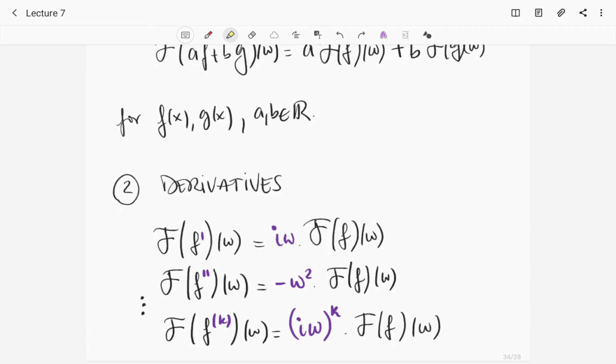These last two tools, together with the two main definitions, are the four main ingredients that we will use in the next lecture, with, of course, the goal of solving partial differential equations.